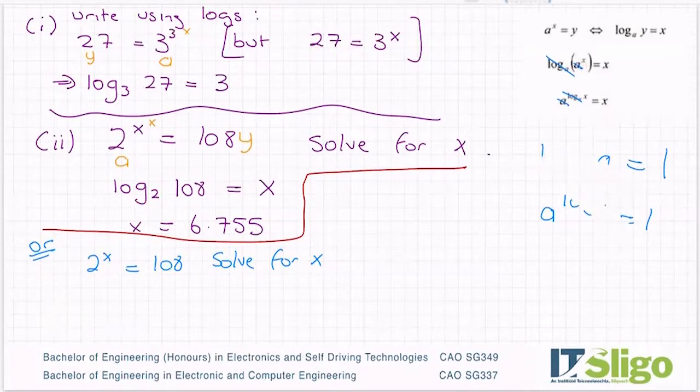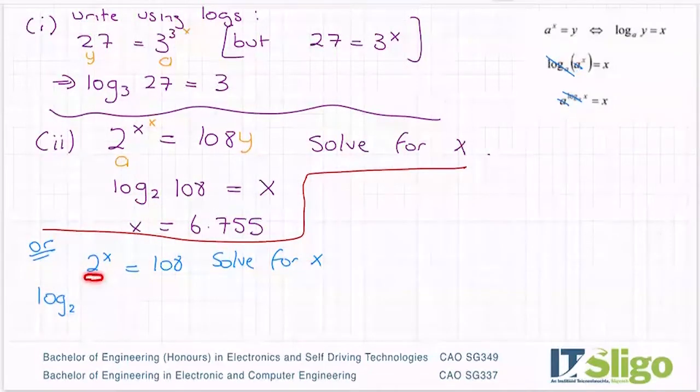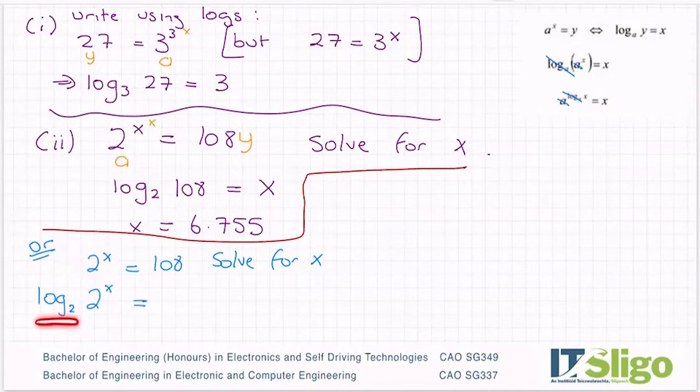Okay, so again, how do we use them? Let me show you in this one. So 2 to the power of x is equal to 128. If I go log to the base 2, what I'm doing is I'm matching the base number here to the base number of my log, of 2 to the power of x. All I did was add in log to the base 2 and I picked my base number to match the base number here.